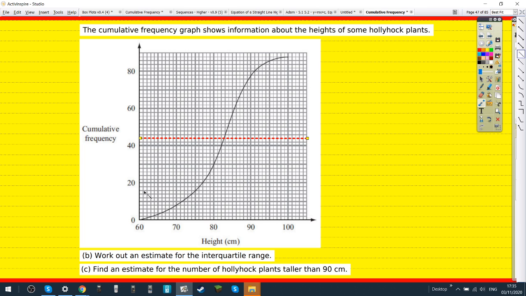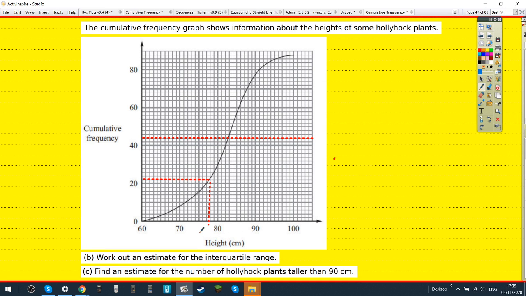How many squares above 20 is that? One. Well done. So then that would be 78.